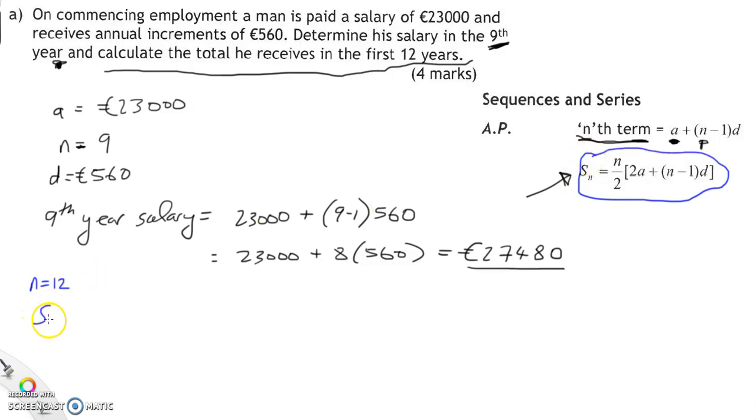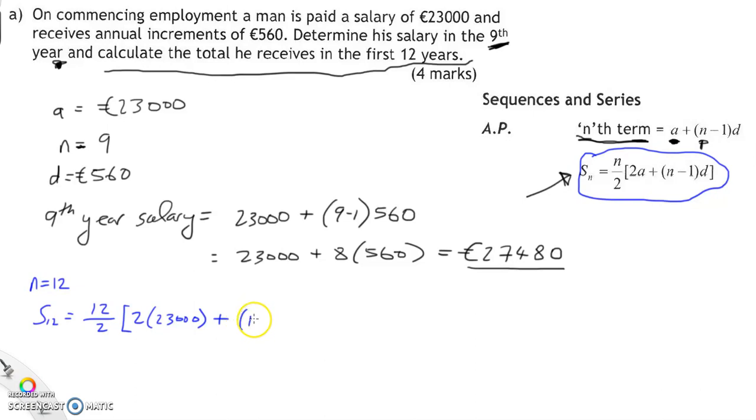So the sum of the first 12 years will equal 12 over 2, outside of 2 times A, 2 times 23,000, plus n minus 1.